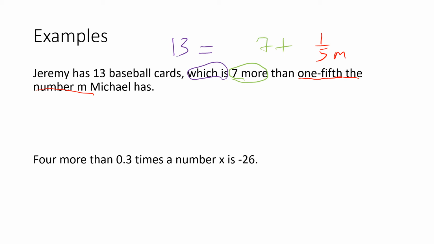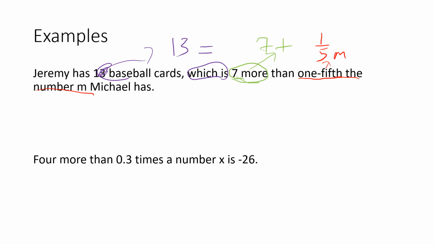Let's look at this. Did we get everything? We have 13, good, and that's a "which is," an equal sign. We have 7 more, that's a 7 plus, good. And 1/5 the number M, yep, that's there. So we have everything in our equation.